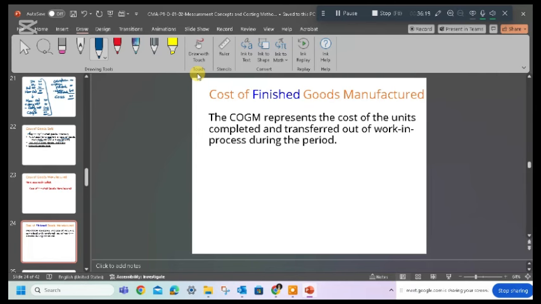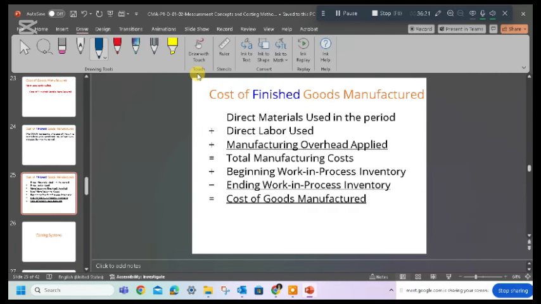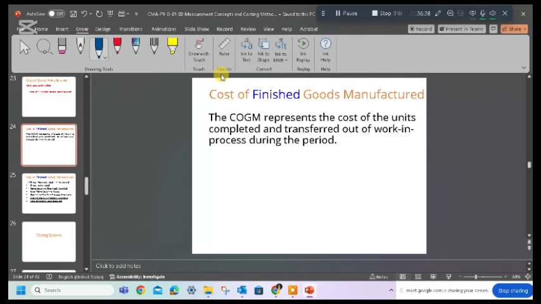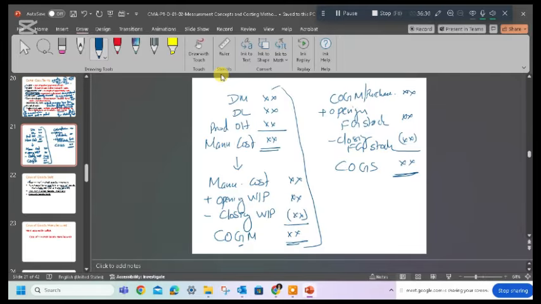This is what I already have explained. You can see here material. Regarding material, there is another complication. Let me tell you. This is material used. Sometimes they give the purchased amount. So how do we find the used amount from the purchased amount?